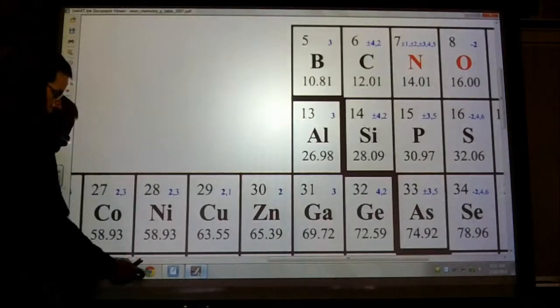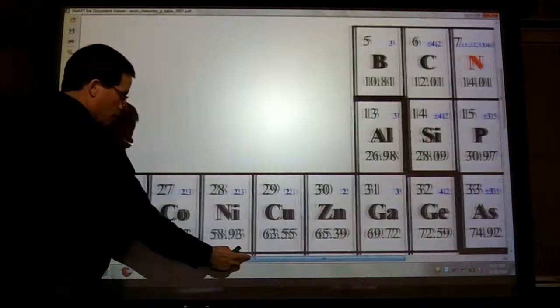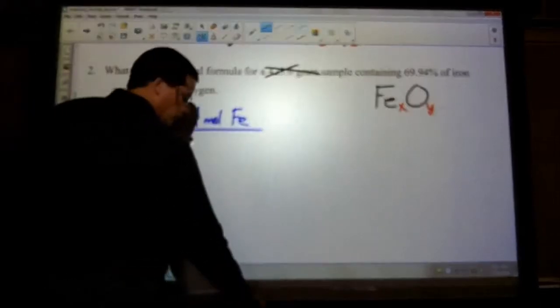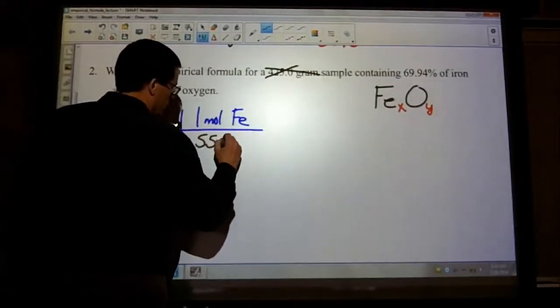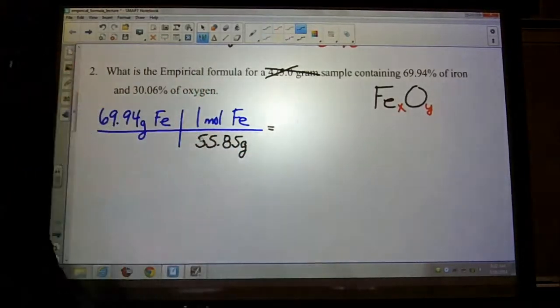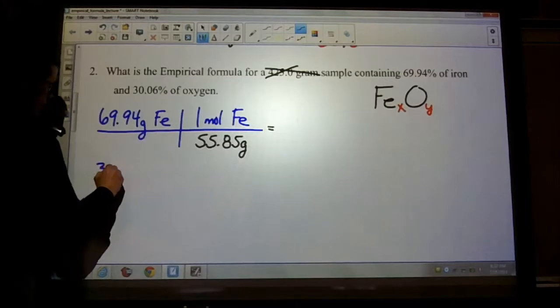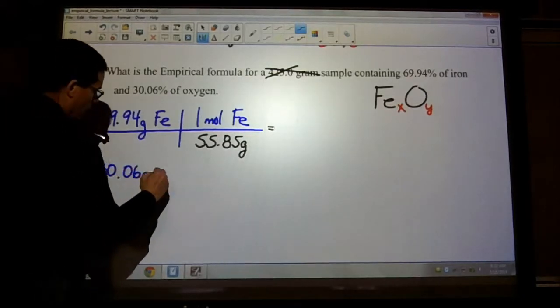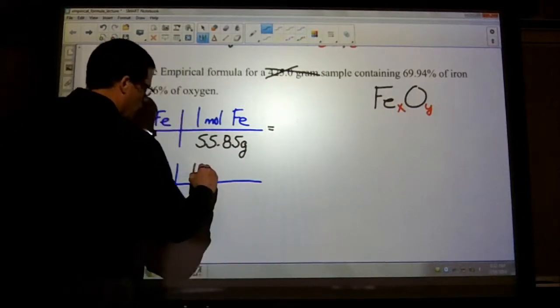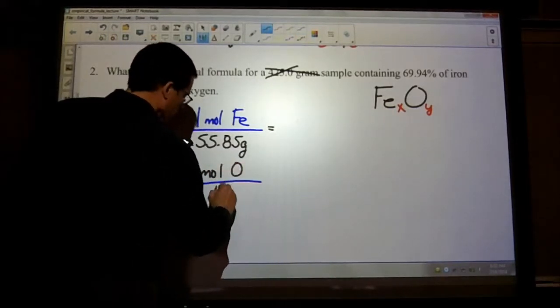And what's the molar mass for iron? 55.85. And then we also have 30.06 grams of oxygen. Again, remember that's just for a single mole of oxygen.